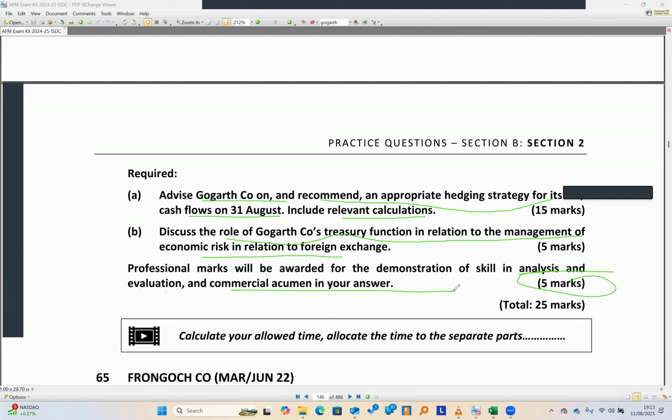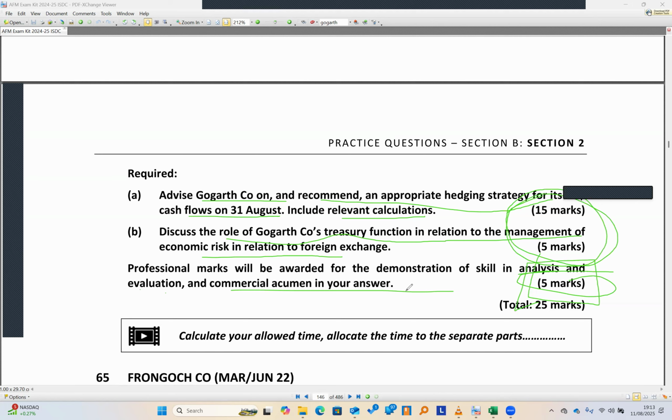So you can see that for section B, you are given 20 marks, but as you're getting those 20 marks, you get 5 marks as well, that is if you have done the right analysis and commercial acumen. So what that means really is that you can easily get 20 marks in a question.